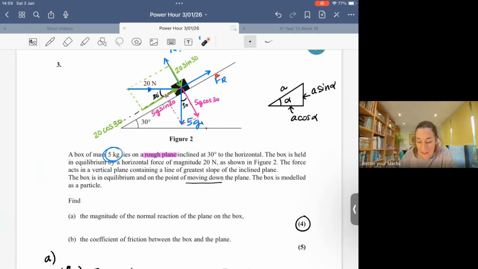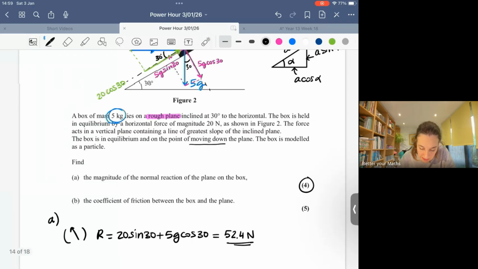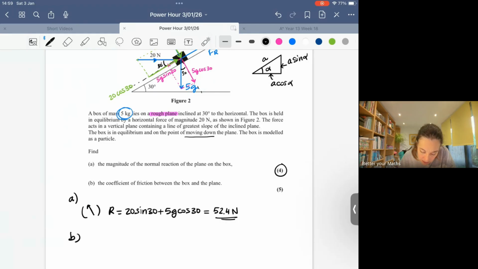That way, I will find the friction, and then I'm going to show you how to find the coefficient of friction in a second. So for B, now I'm resolving parallel to the slope, and I have that the friction pointing up plus the green one pointing up are going to be equal to 5g sine 30 pointing down.